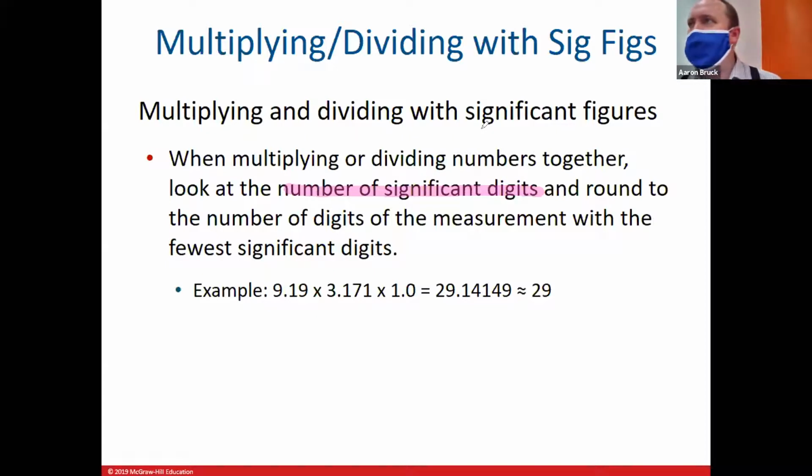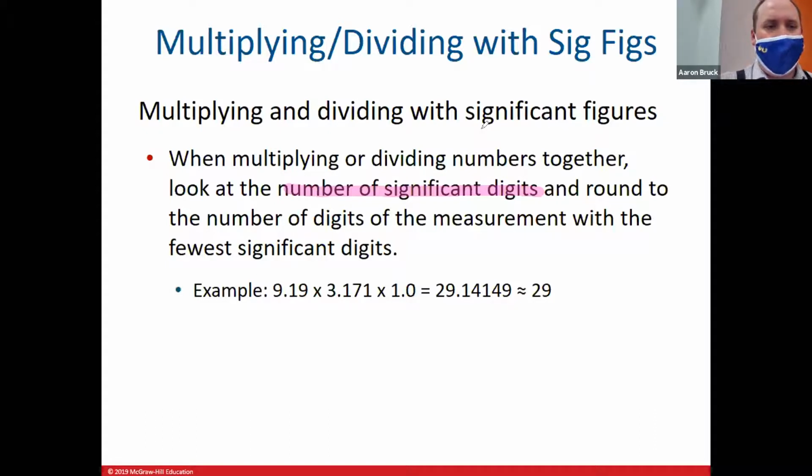So this rule is far more commonly applied, much more broadly. You're going to use this rule far more often in lab than you're going to use the adding and subtracting rule. Number of significant digits plays the role here. We're going to round to the value that gives us the fewest significant digits based upon the measurements given.